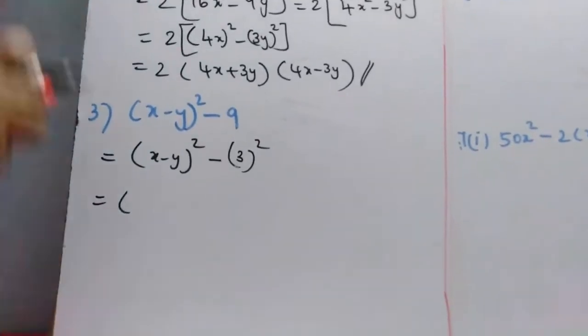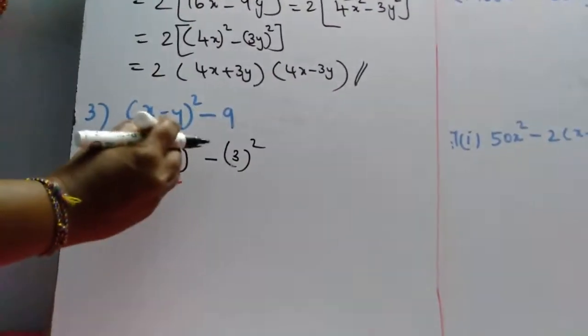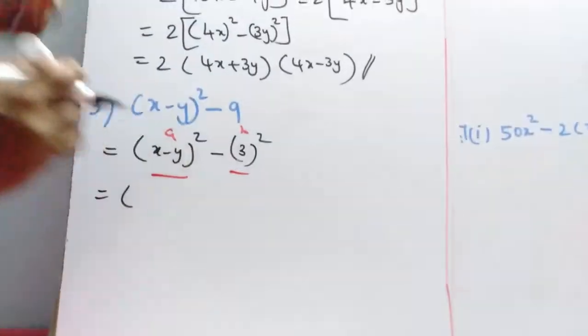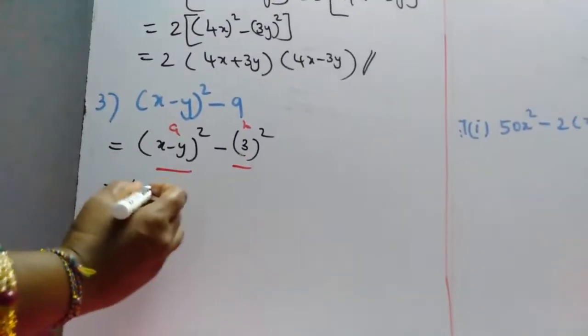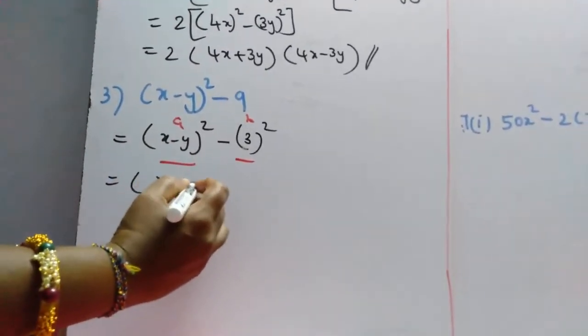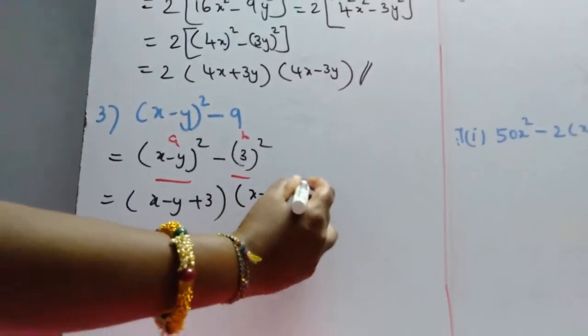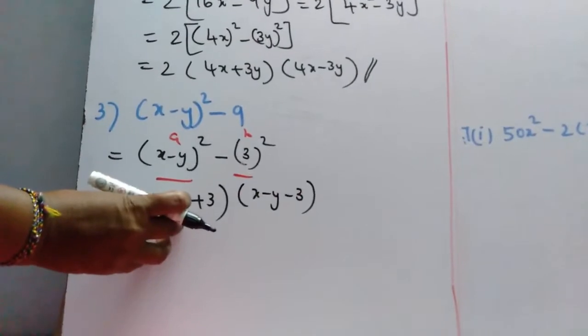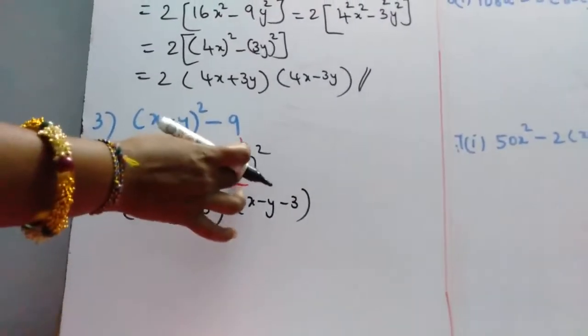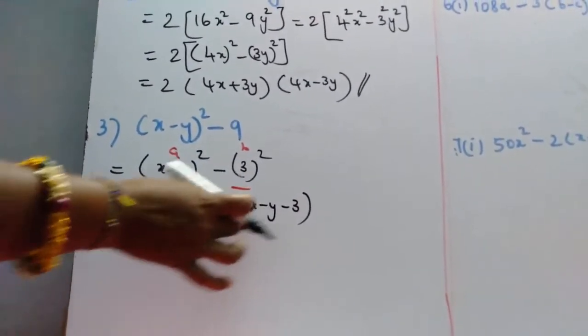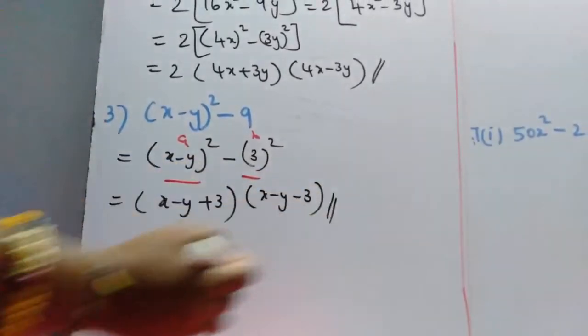So this is in the form a square minus b square. So a square minus b square can be written as a plus b into a minus b. Since these two terms come first, only the 3 changes, plus 3 and minus 3. So this is the solution.